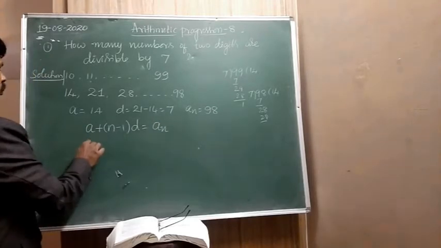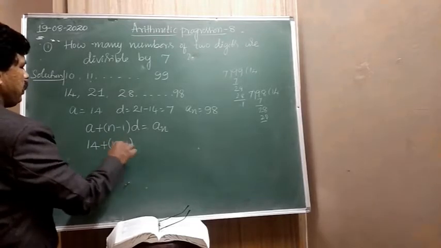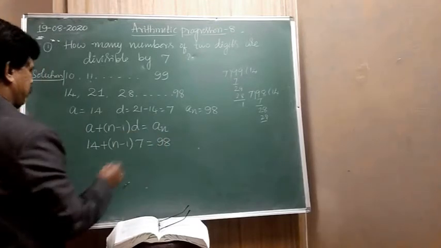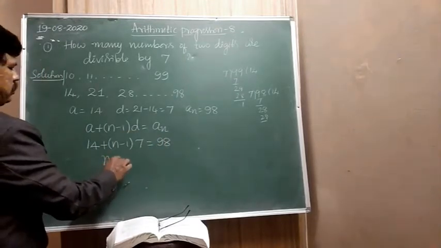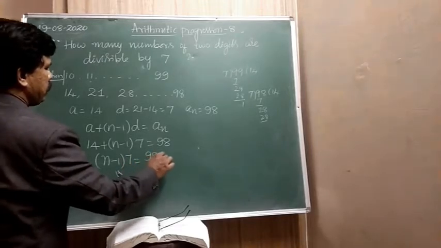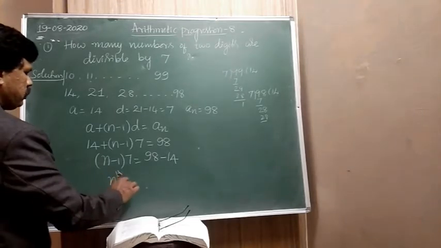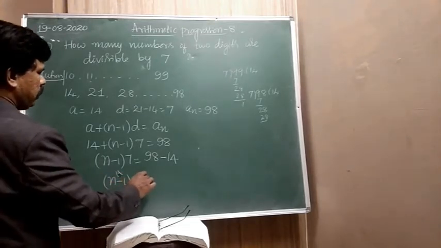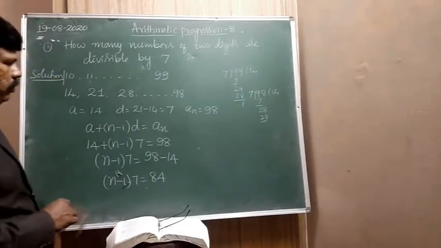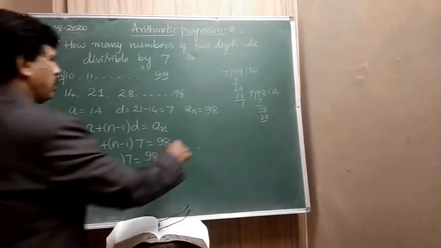Now substitute the values: 14 plus n minus 1 into 7 equals 98. Then n minus 1 into 7 equals 98 minus 14, which is 84. 8 minus 4 is 4, 9 minus 1 is 8.